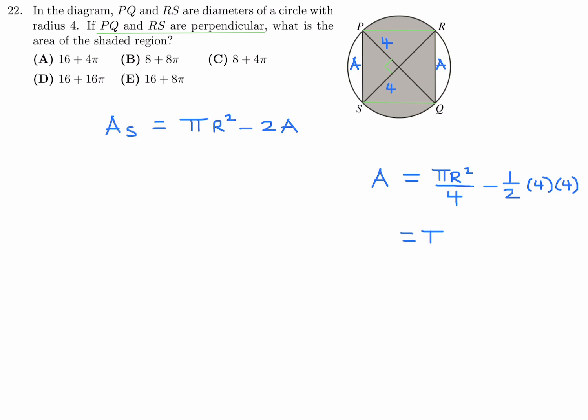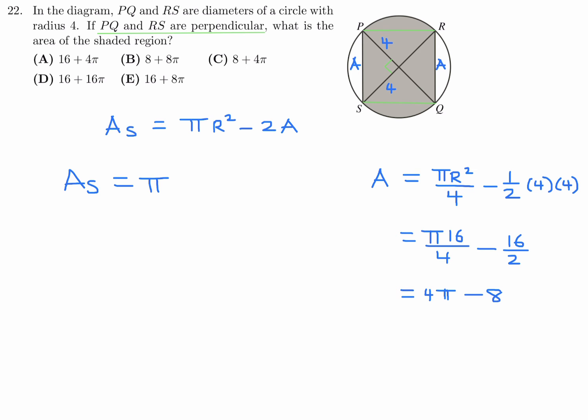So pi r squared, well, r is 4, so that's 16 pi over 4, and this looks like 16 over 2. So this becomes 4 pi minus 8. And there we go, we just got A, so we can now calculate the area of the shaded region.